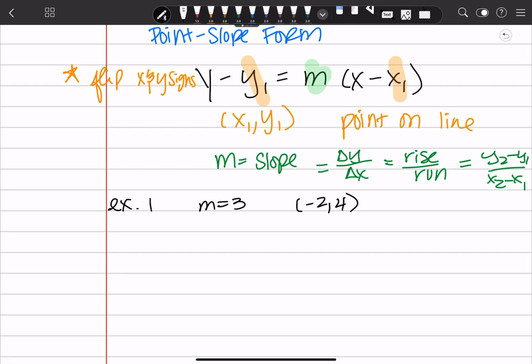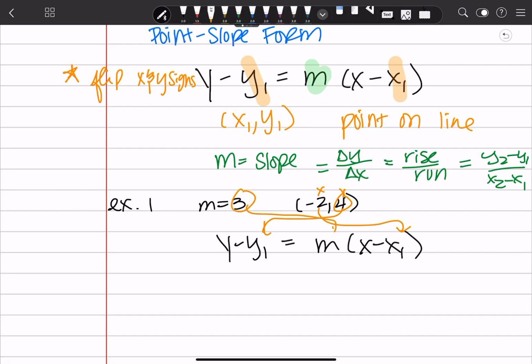All we're going to do is, if we've got our point slope form here, we're going to take our x value and drop it in here. We're going to take our y value, drop it in there.